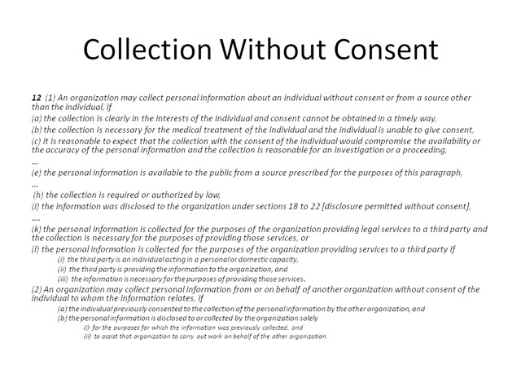So this applies not just when you're getting information directly from the individual. It also applies to other sources. If you're asking a third party for information about the individual, you need to think about whether one of these circumstances applies.